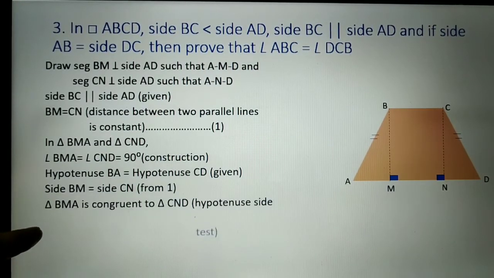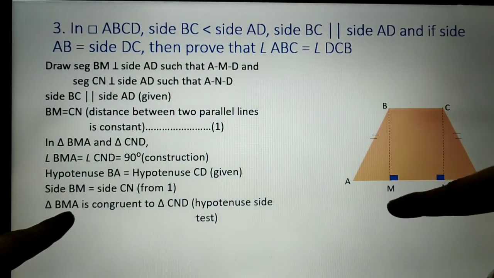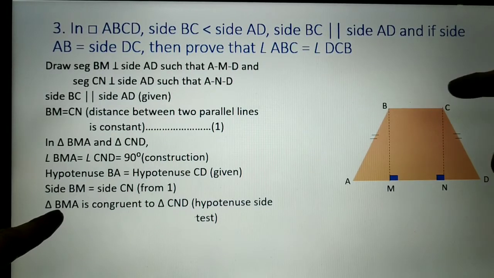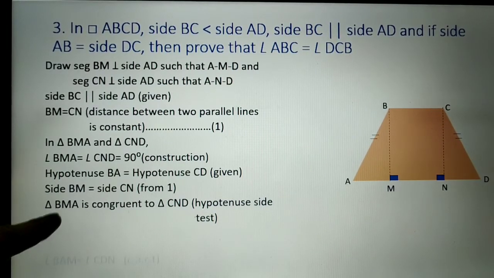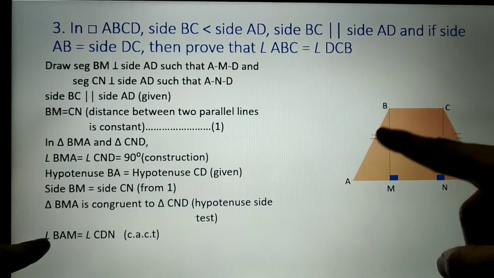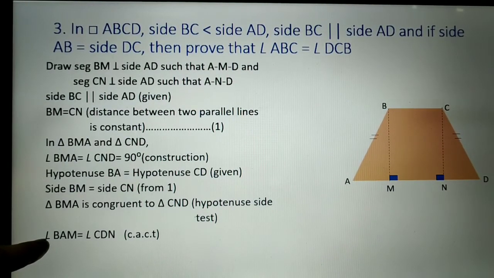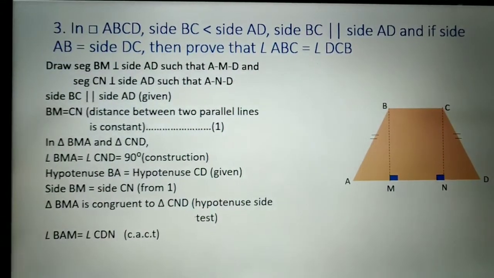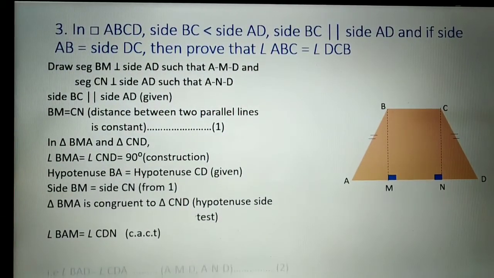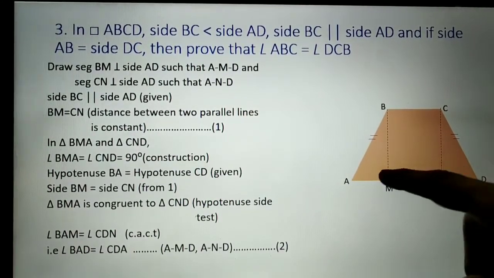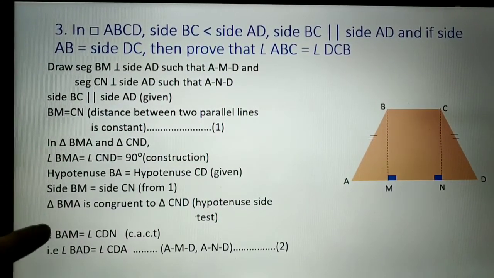Everything is similar to the previous part, and therefore triangle BMA is congruent to triangle CND, and therefore angle BAM is congruent to angle CDN. Now we rename it: angle BAD is congruent to angle CDA, and we number it as 2.